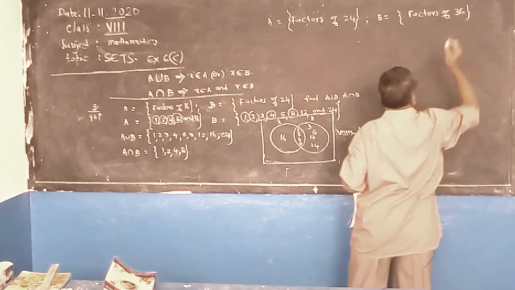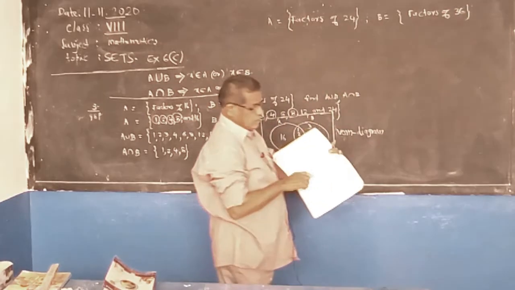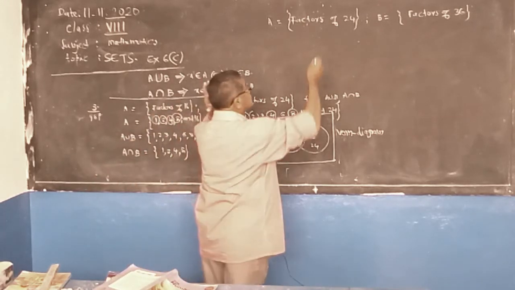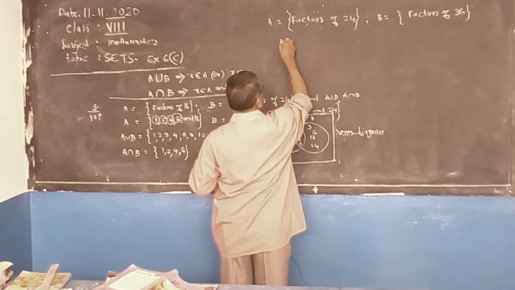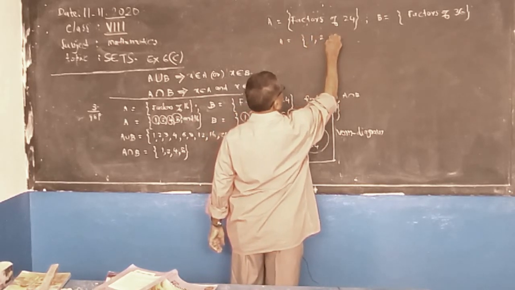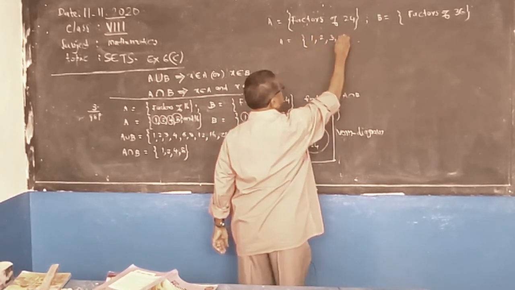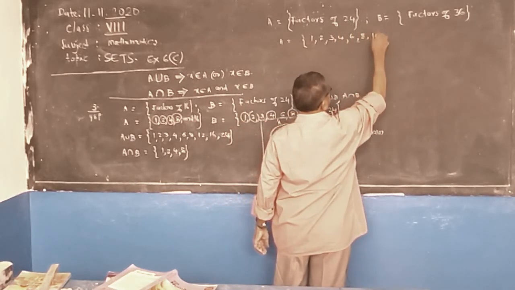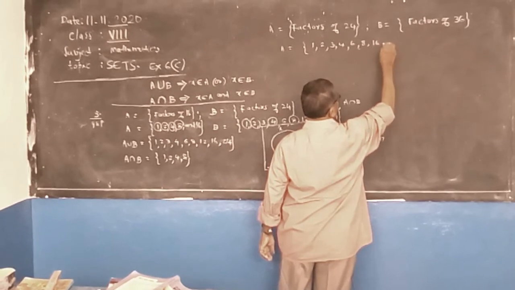Okay, now let us write. Set A, factors of 24: 1, 2, 3, 4, 6, 8, 12, and 24.